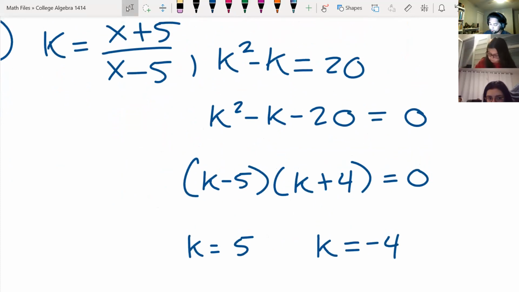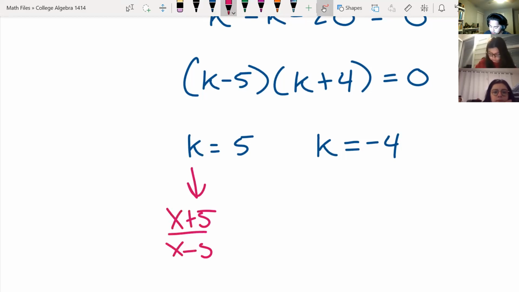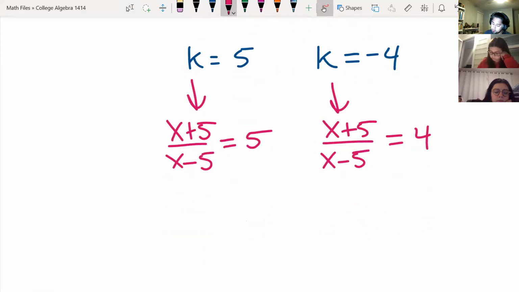Yes, sir. So far, so good. Okay. Then we bring in what k was. k is x plus 5 over x minus 5, set equal to 5, and then x plus 5 over x minus 5 equal to 4. Did you mean -4, sir?